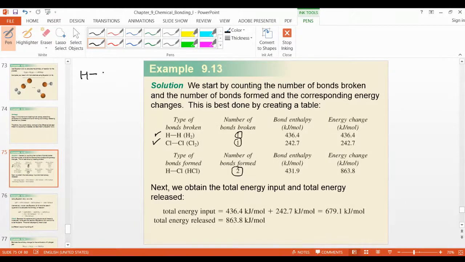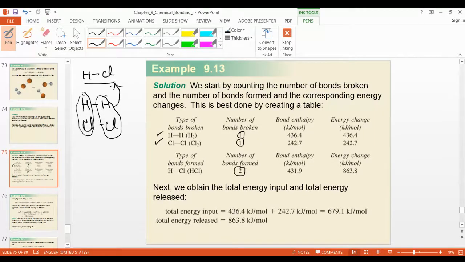This is H and Cl, formed from H-H and Cl-Cl. This is a new bond formed. One H reacts with one Cl, then you will get HCl, and then another HCl. So two bonds are formed.